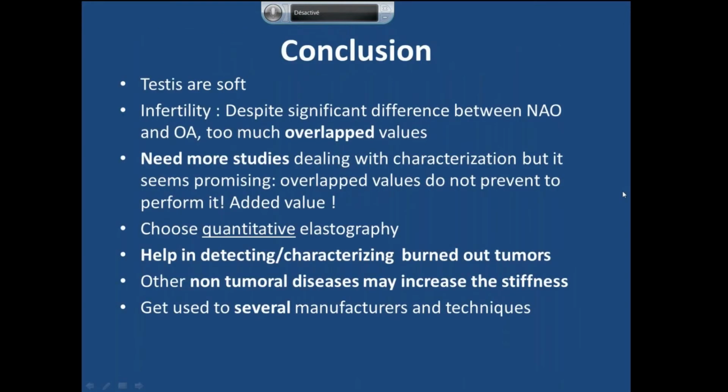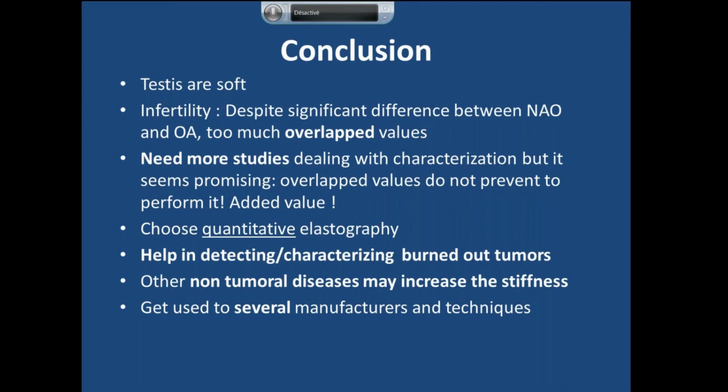So to conclude, well, testes are solved. In case of infertility, there is too much overlap of values, so it does not help us to differentiate obstructive azoospermia from non-obstructive azoospermia. We need more studies dealing with the characterization, but it still seems promising. We continue our study, but the fact that there are overlapping values does not prevent us from performing it.